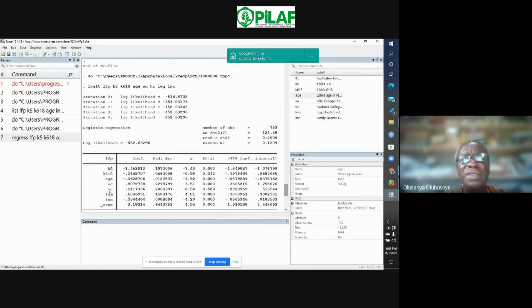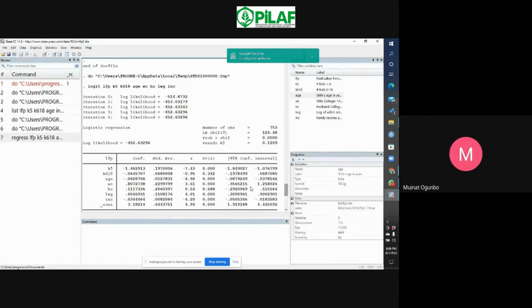Another variable that is not that important is the husband's college, but the other ones significantly affect the probability of a woman participating in labor force.